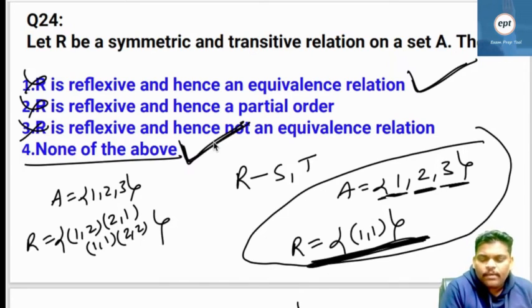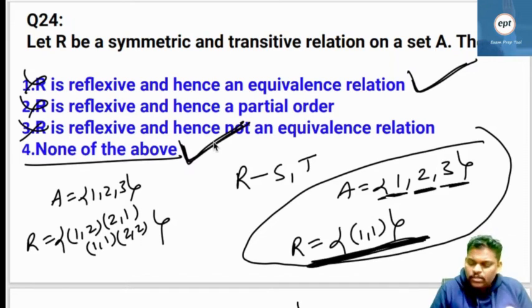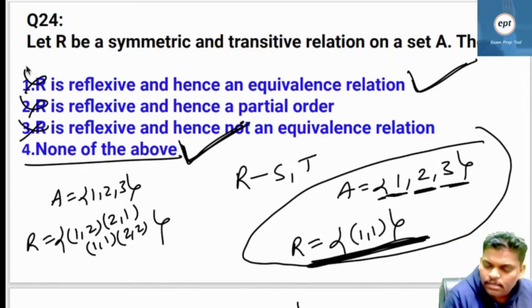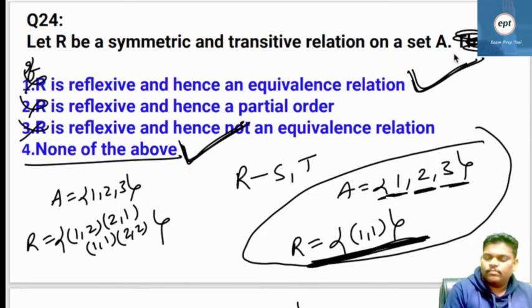Is it okay? Can we move to next? Suppose the question is, let R be symmetric and transitive on set A. If R is reflexive and hence equivalence relation, right?